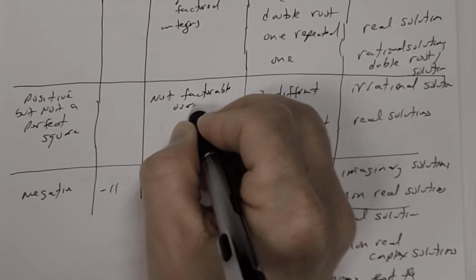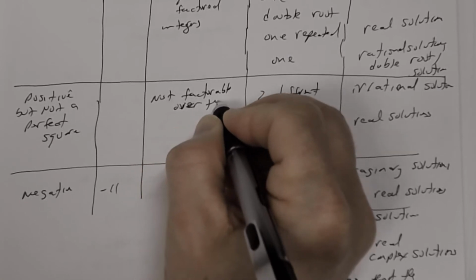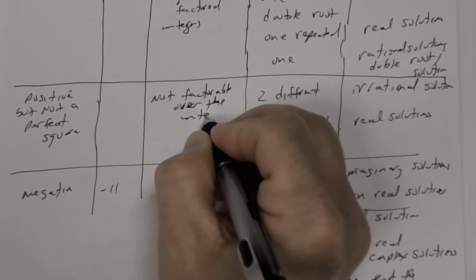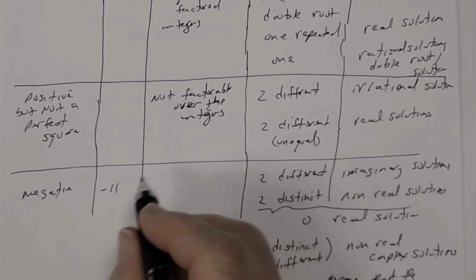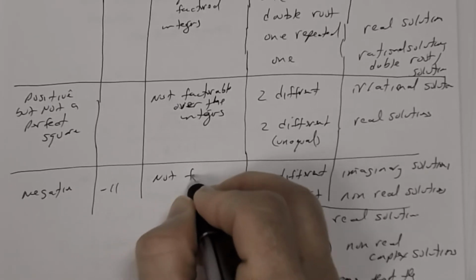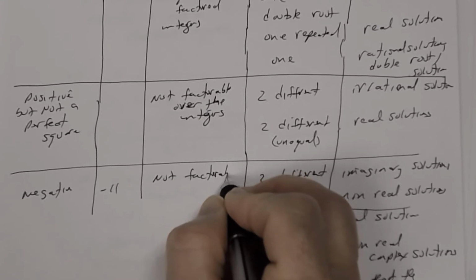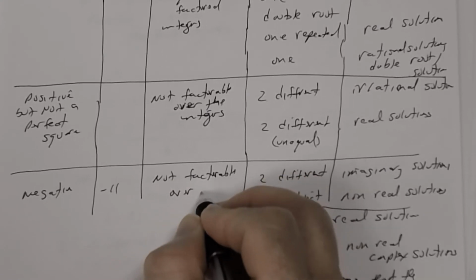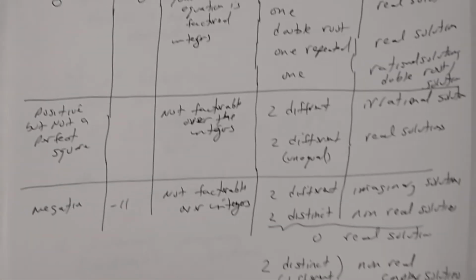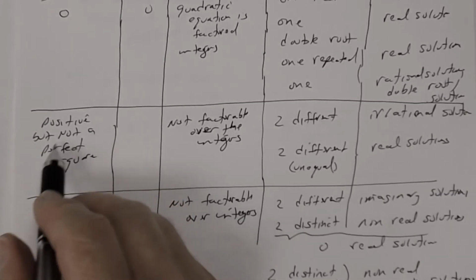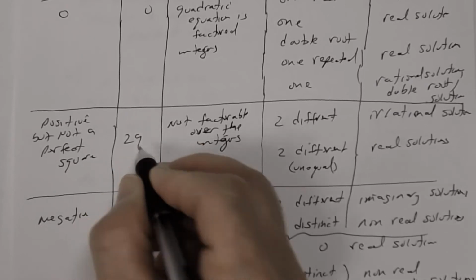All right? And then negative 11 is not factorable over the integers. All right, so that's the point I want to make there. Remember, a positive number that is not a perfect square would be something like 29.